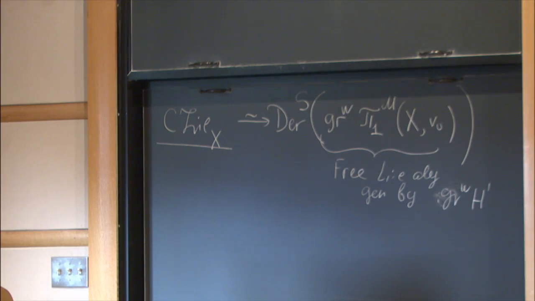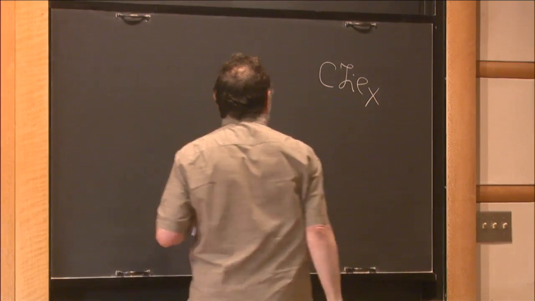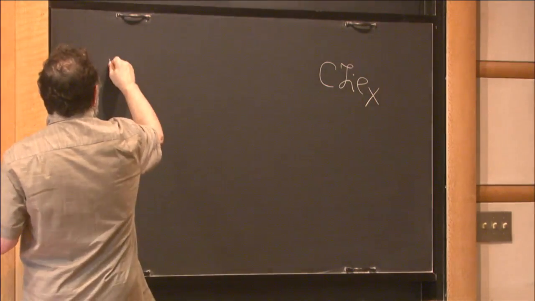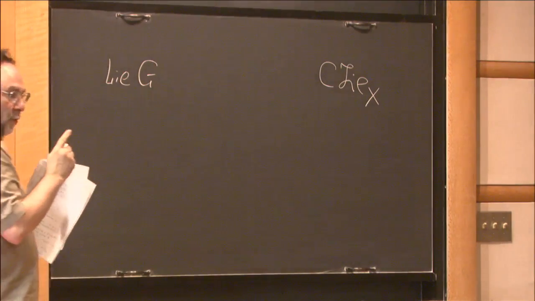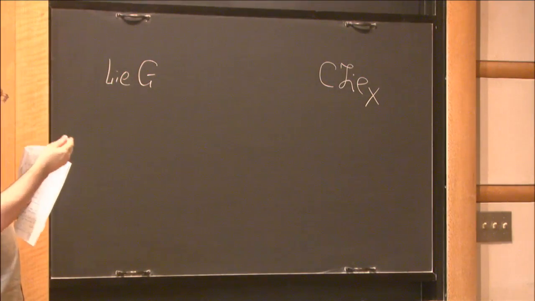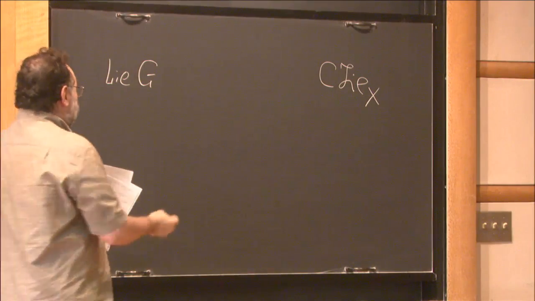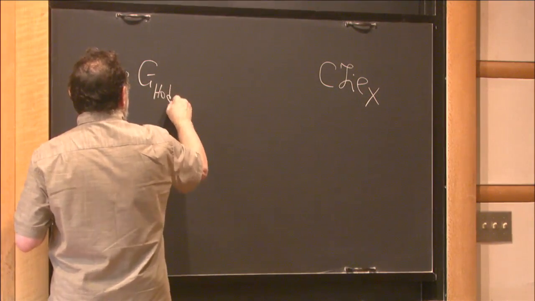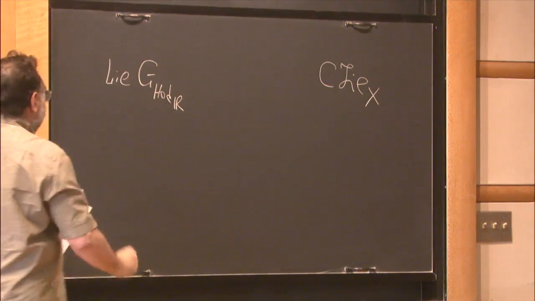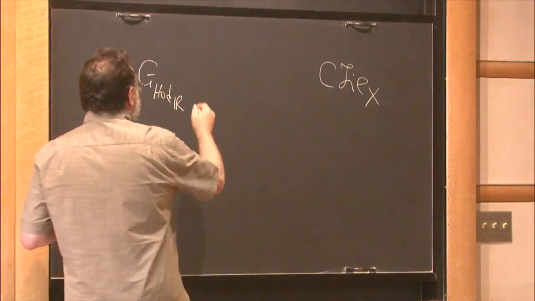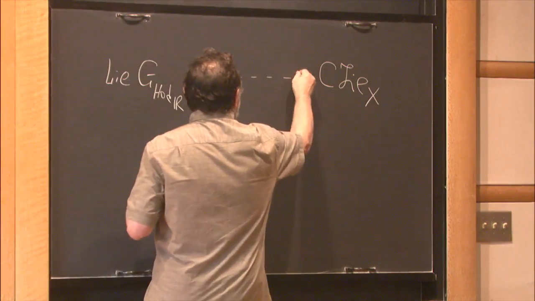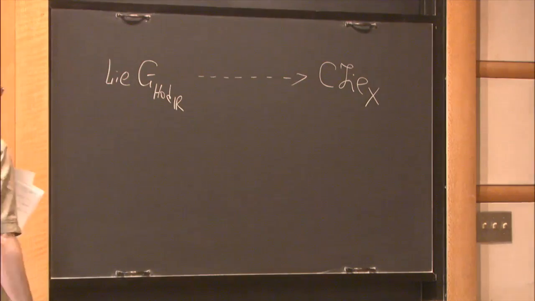So I have this Lie algebra Cli X, and I wanted to take the Lie algebra of the Hodge-Galois group. I'm going to define the Hodge-Galois group in a minute. So I just want to motivate why I'm going to talk in this order, not the other. This is a Lie algebra, the Lie algebra of the Hodge-Galois group of the category of mixed Hodge structures over R, which I'll talk about in a second. So I want to construct explicitly a map like that.